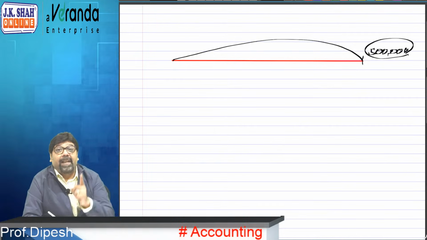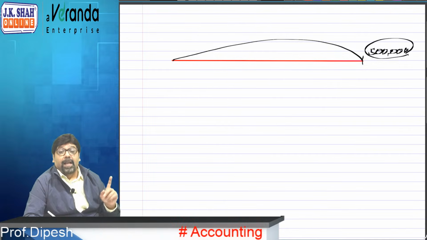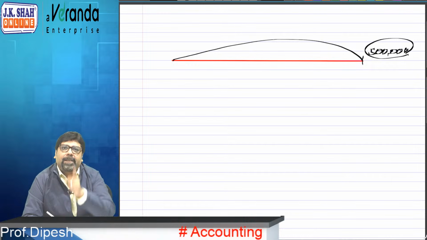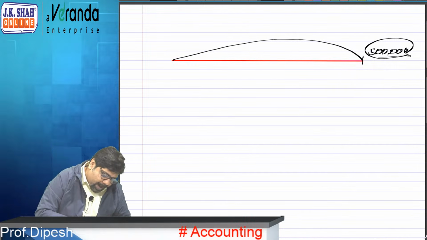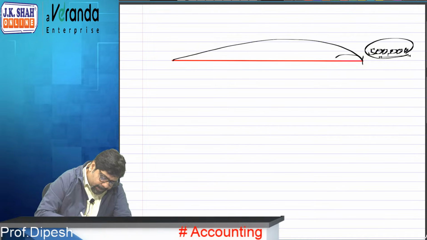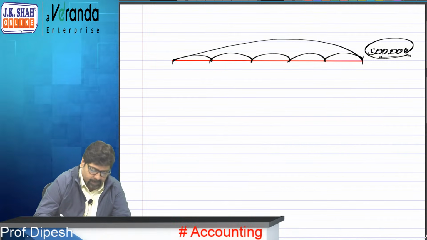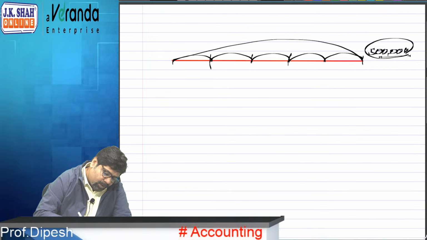That is defined benefit obligation where I have promised the employee that I will pay him 5 lakhs after 5 years. So every year, 1, 2, 3, 4, 5.